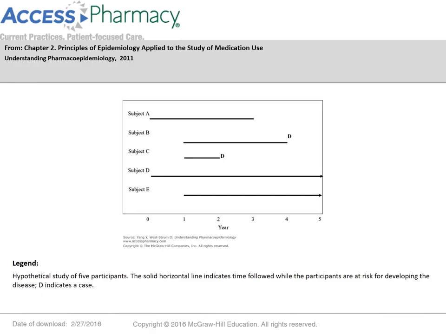We calculate the person time for each patient. For example, we add the sum for each: 3 plus 3 plus 1 plus 5 plus 4. This is the denominator, and then we divide by how many cases. We have 2 cases. So 2 divided by the sum of person time, multiplied by a multiplier. This is the incidence rate.